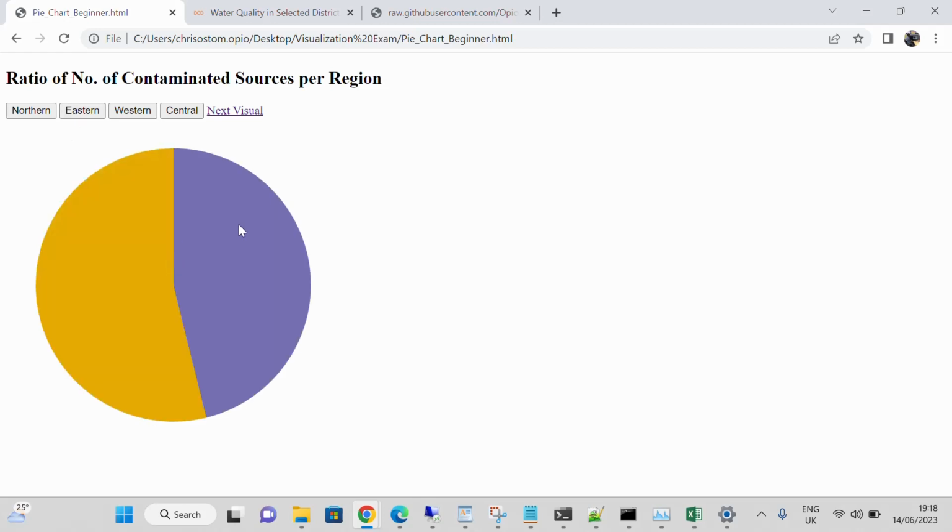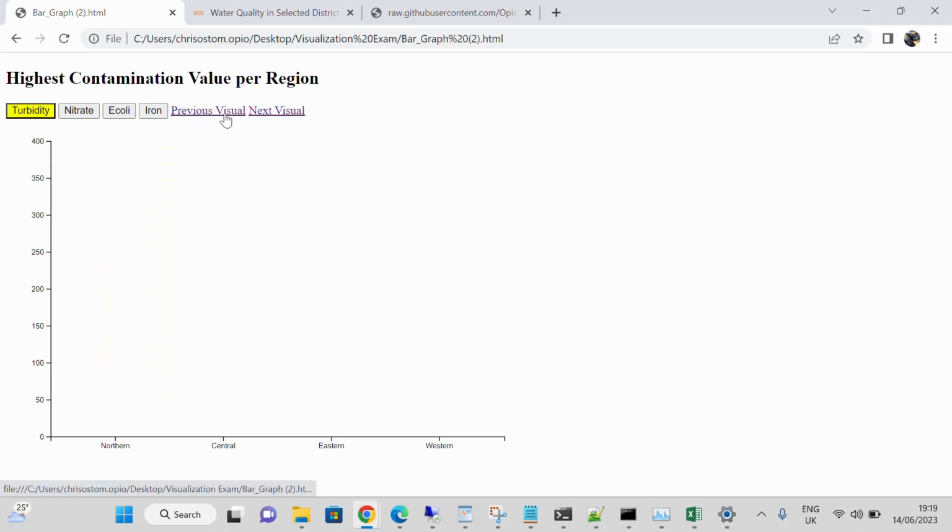In the east, you'll find that the proportion of water sources that were contaminated was more than those that are not contaminated. When you look at the west, there's the same story. The ones which are contaminated are more than the ones not contaminated. And when you look at central, it's the other way around. The ones which are not contaminated were more than the ones which are contaminated. So at a glance you'll be able to analyze that kind of information.